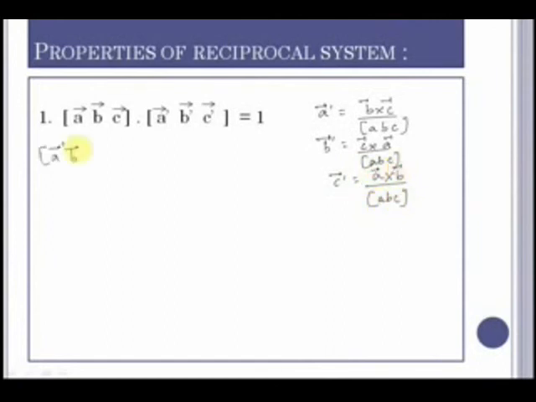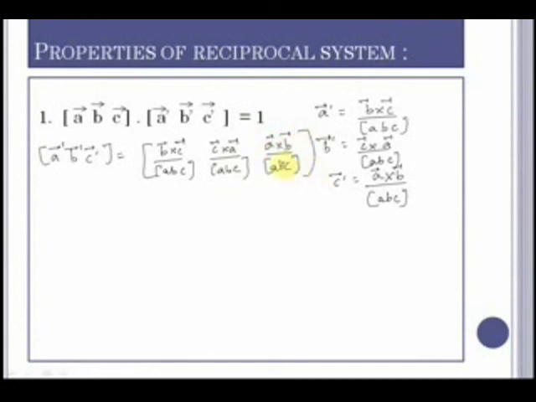Now the box product of A dash, B dash and C dash would be equal to the box product of B cross C divided by ABC, C cross A divided by ABC, and A cross B divided by ABC.